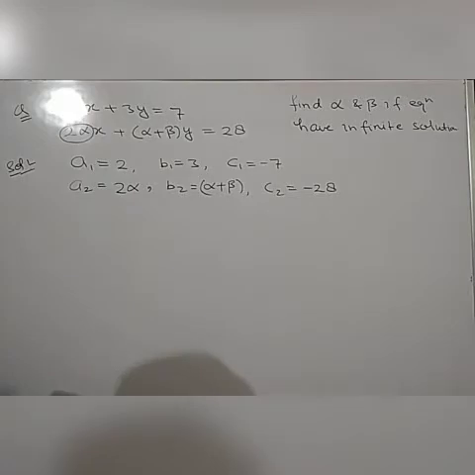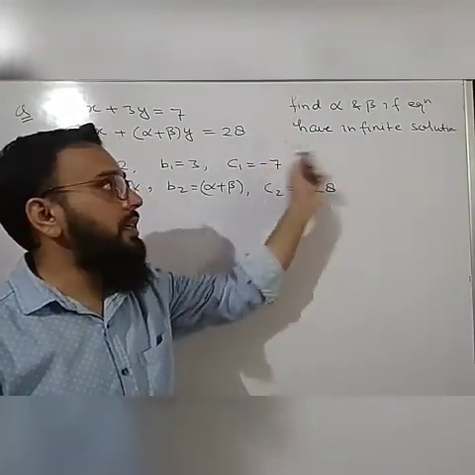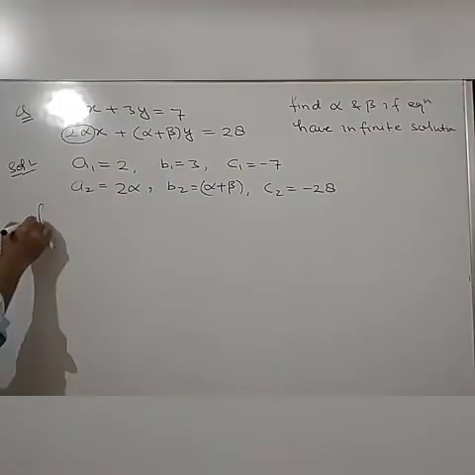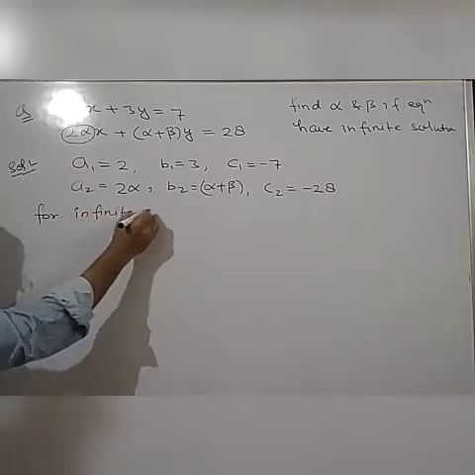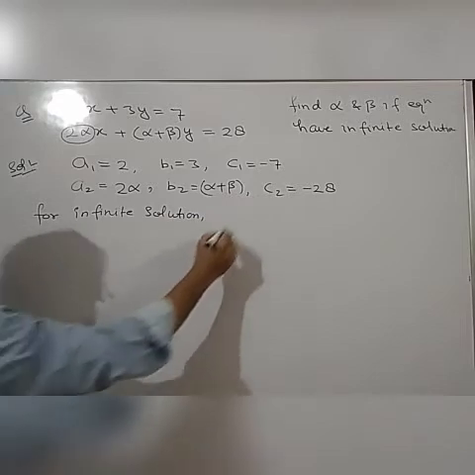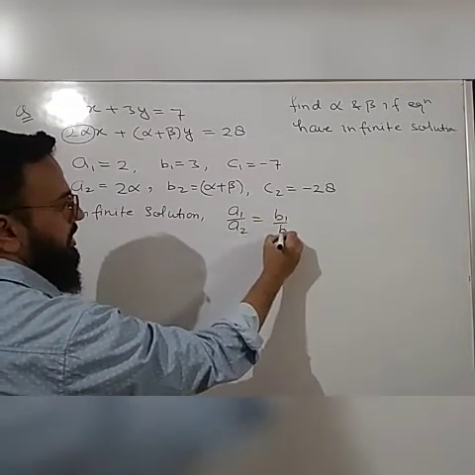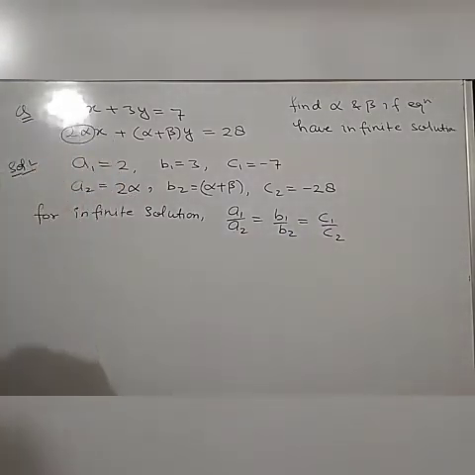Now the given condition is that these equations have infinite solutions. So we know that for infinite solutions, the condition is a1 upon a2 is equal to b1 upon b2 is equal to c1 upon c2.